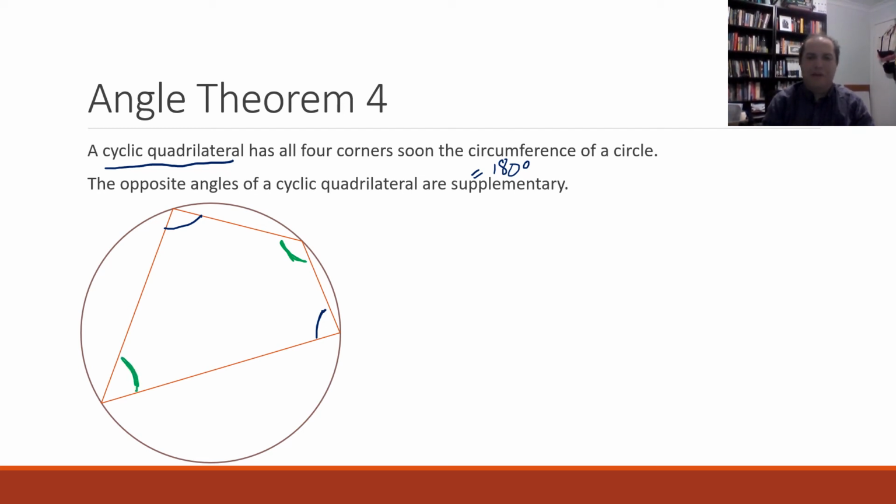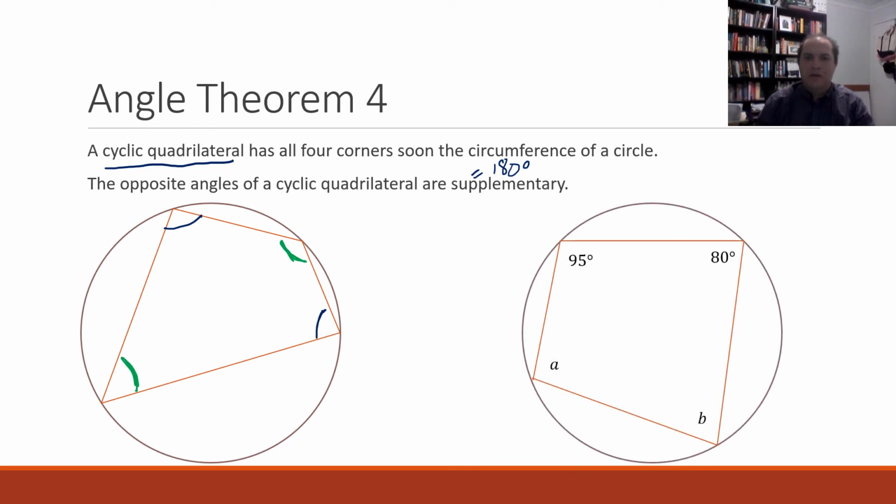Right, so looking at how we use this in an example. Here we've got our cyclic quadrilateral. We can see all the corners are on the circumference. So opposite angles must add to 180 degrees. So we can say 95 degrees plus b equals 180 degrees. Our symbol is just a quadrilateral inside our circle, so that means b must be 85 degrees.